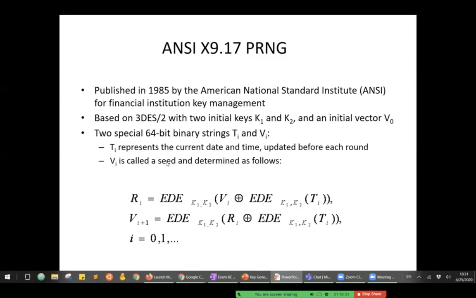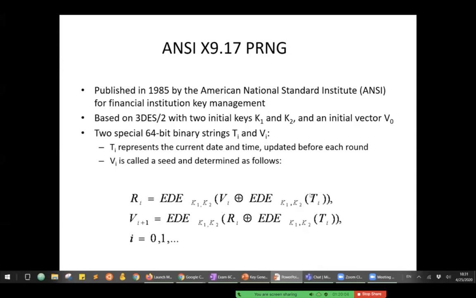And VI is called a seed value, and it is determined as follows. The subscript I denotes the i-th iteration. So I starts from 0, 1, and then it keeps going.